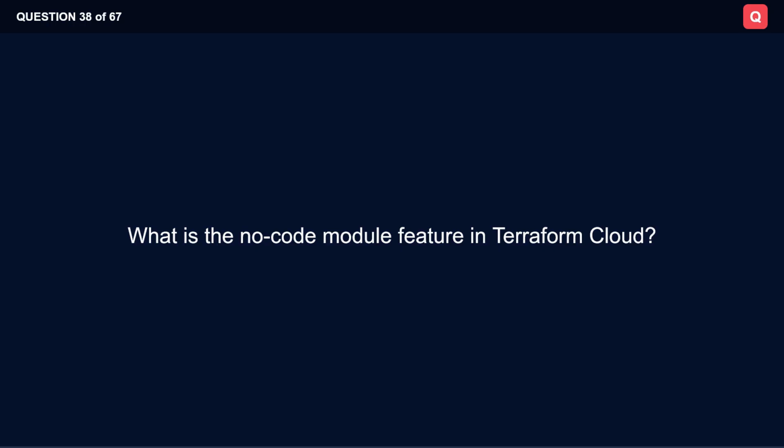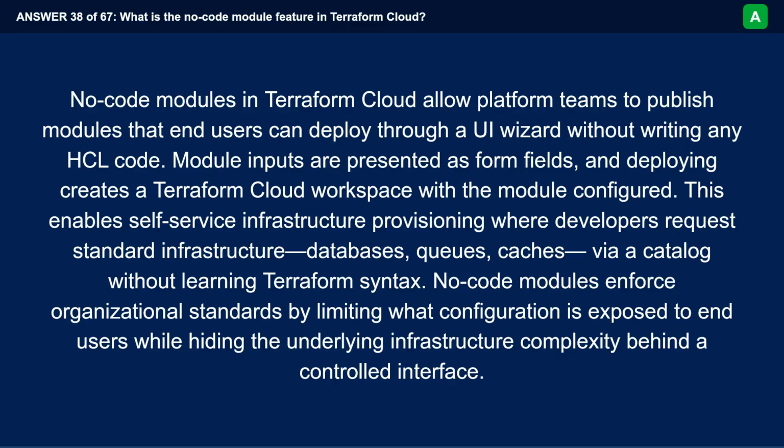What is the no-code module feature in Terraform Cloud? No-code modules in Terraform Cloud allow platform teams to publish modules that end users can deploy through a UI wizard without writing any HCL code. Module inputs are presented as form fields, and deploying creates a Terraform Cloud workspace with the module configured.